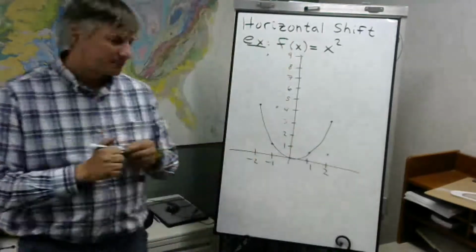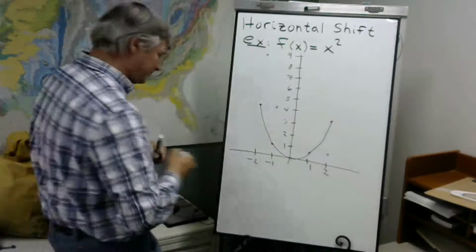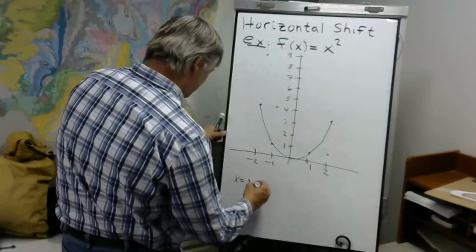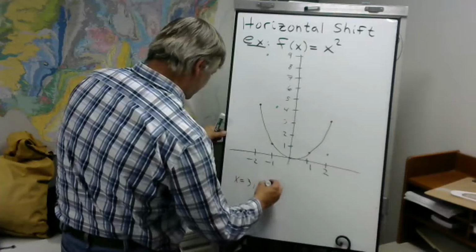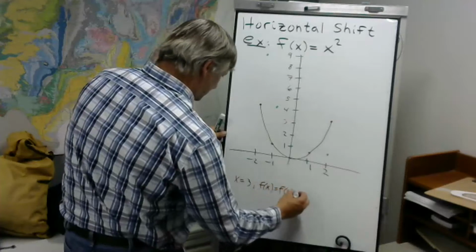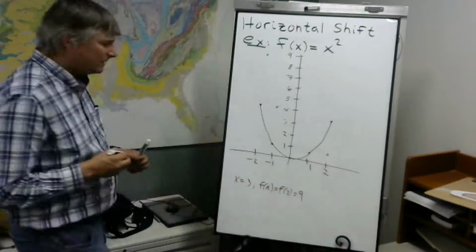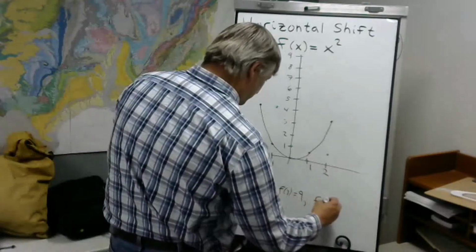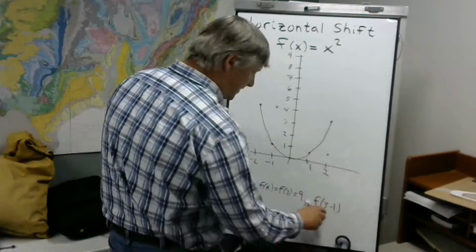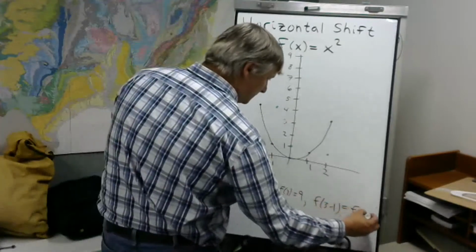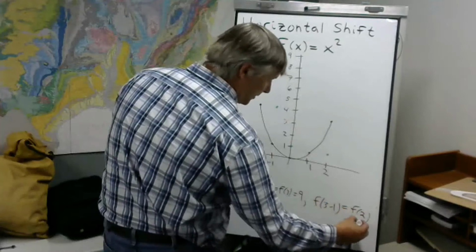And let me throw another one in there. Let's say we have x equals 3. That means f of x, which is f of 3, becomes 9. And then f of 3 minus 1, because now we have x minus 1. F of 2 is, well, 2 squared is 4.